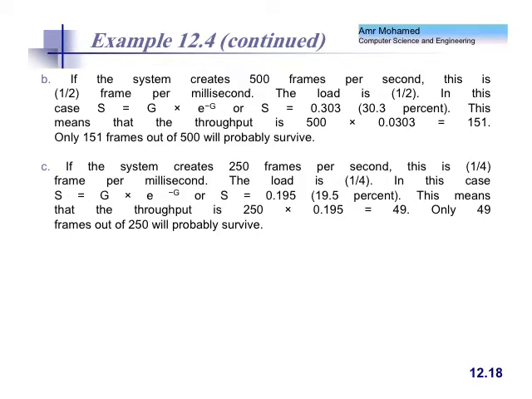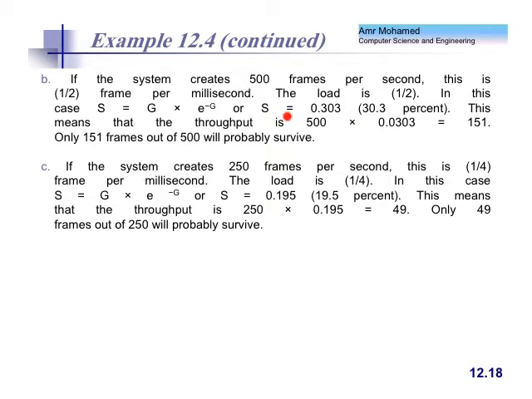So for S equal 0.303 and 500 frames, out of the 500 frames I can get 151 frames. So 151 frames will likely survive. The main thing is that here the throughput is less.